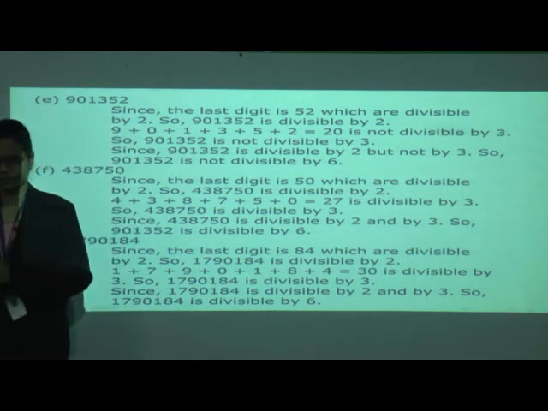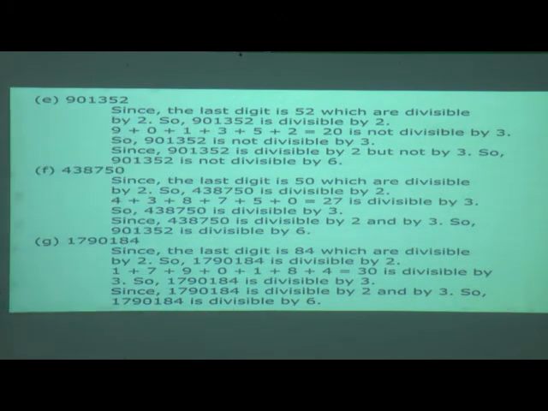Okay students. Now we have seen divisibility. In the first example, we saw the divisibility rule for finding whether the given number is divisible by 4 and by 8. In the next example, we found out whether the given numbers are divisible by 6.